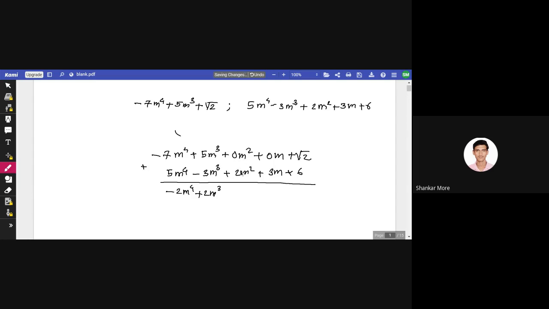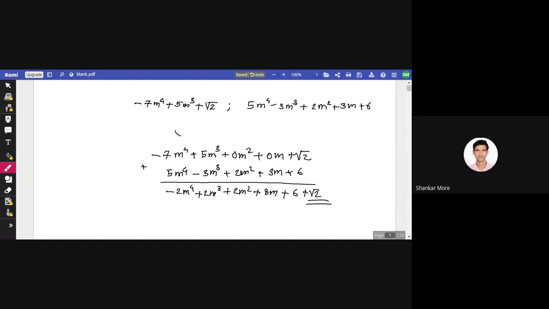Now 0m square plus 2m square is 2m square. 0m plus 3m is 3m itself. And this should be written as 6 plus under root 2. That's it. We cannot add them, so we will write it as 6 plus under root 2. That is the answer of this question.